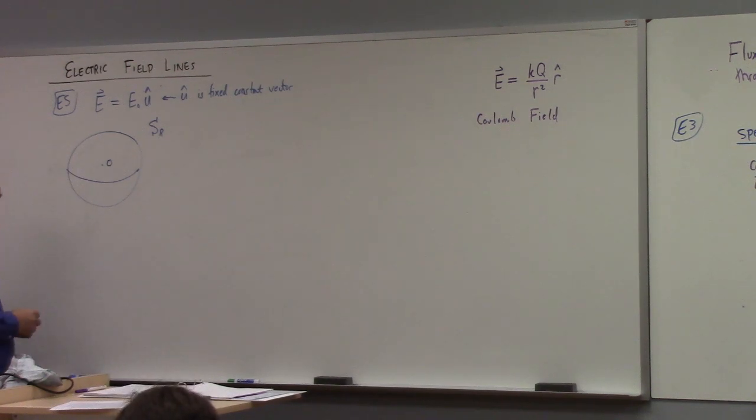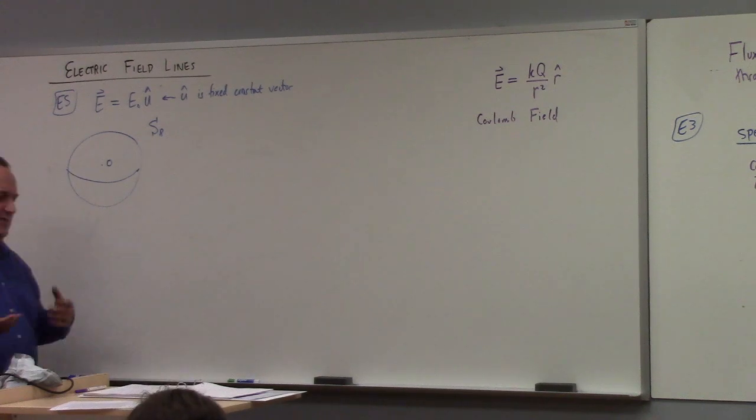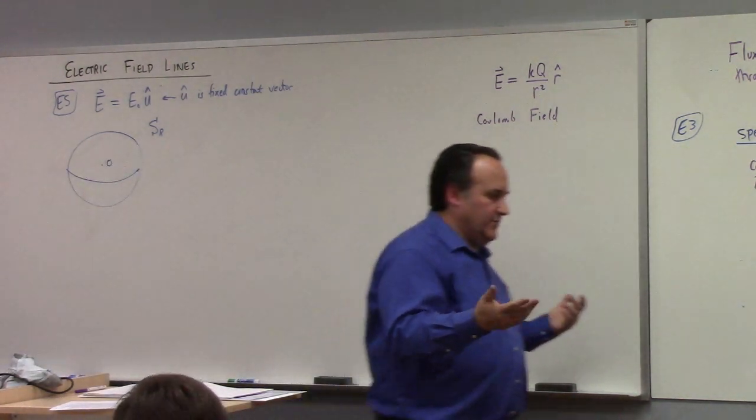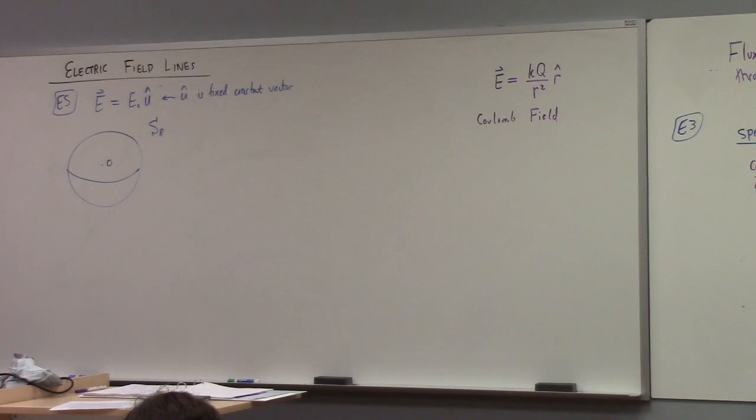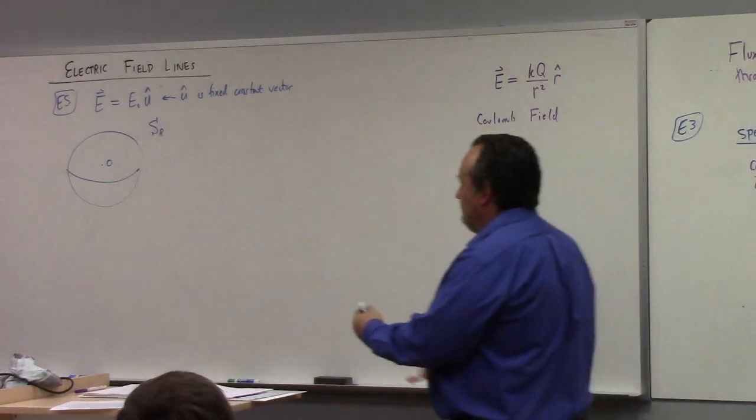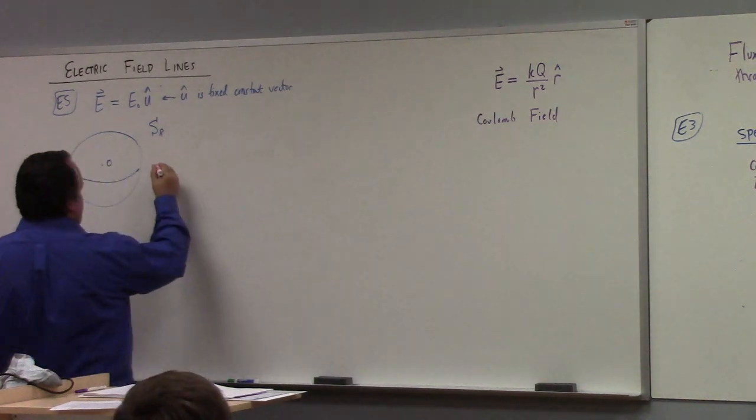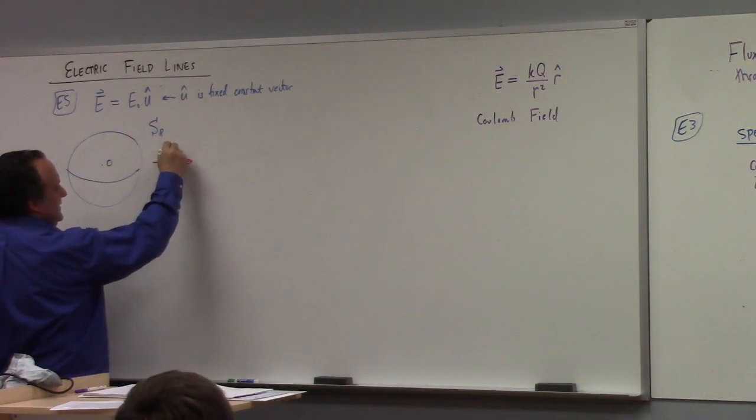If you think about that, we can envision the electric field whichever way you want, right? Because without loss of generality, we can assume U hat is X hat, for example, or Y hat. I mean, why not? So let's picture E as being like this, right?